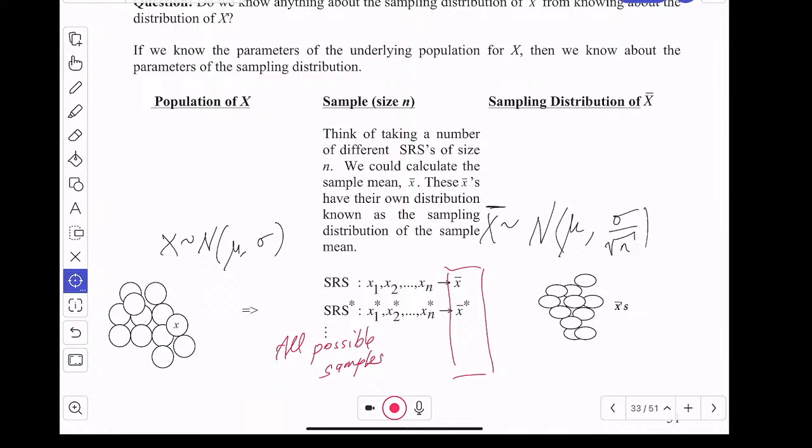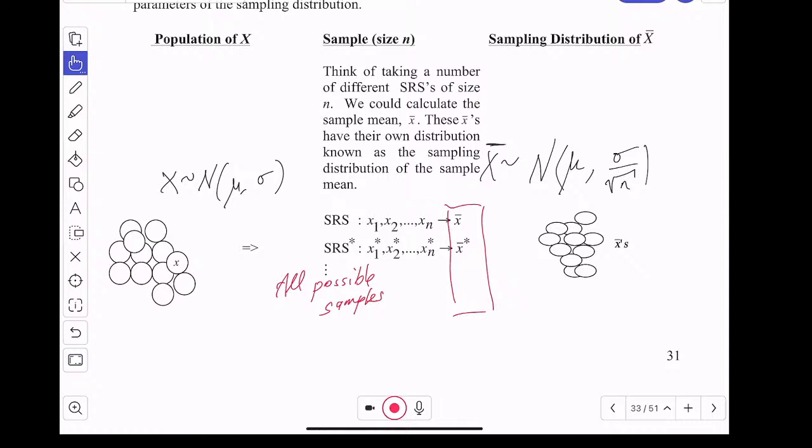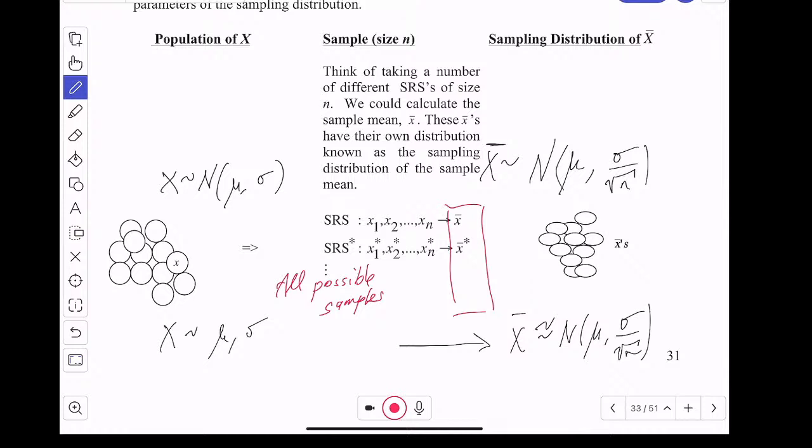If we don't know the distribution is normal, if we don't know anything about the mean and standard deviation of the distribution, x bar will be approximately normal with a mean of mu and a standard deviation that's smaller by a factor of 1 over √n, provided that your sample size is large enough.